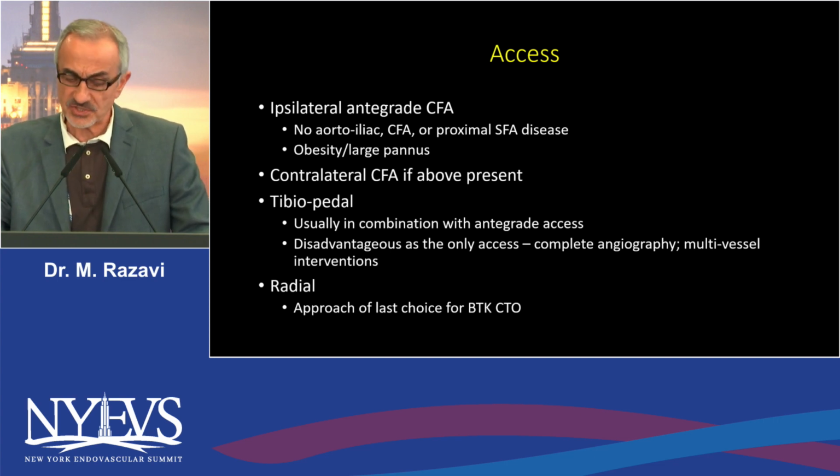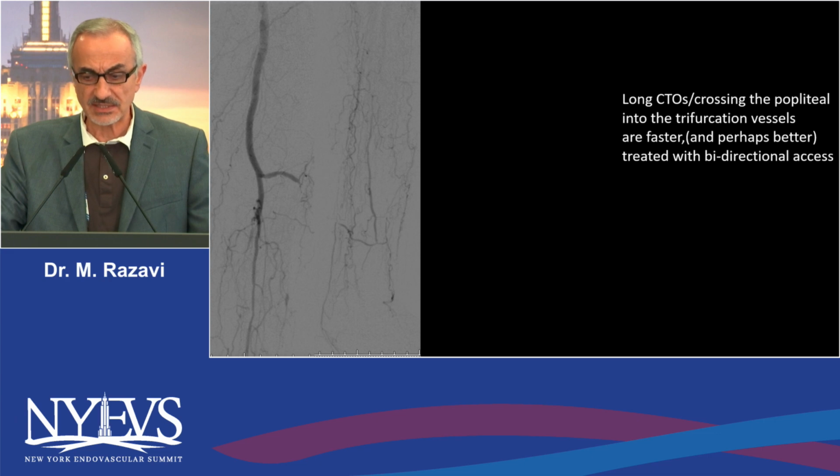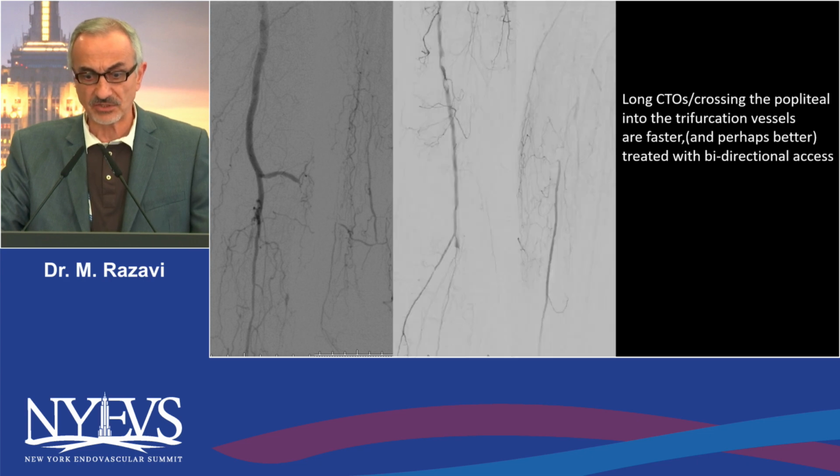The radial approach, for us at least, is a last approach for CTOs. If you look at a case such as this, you know right up front that you're going to need multiple accesses, not just antegrade access. In a case like this that crosses the popliteal with anterior tibial reconstitution, you're more than likely going to have two accesses, pedal and antegrade.